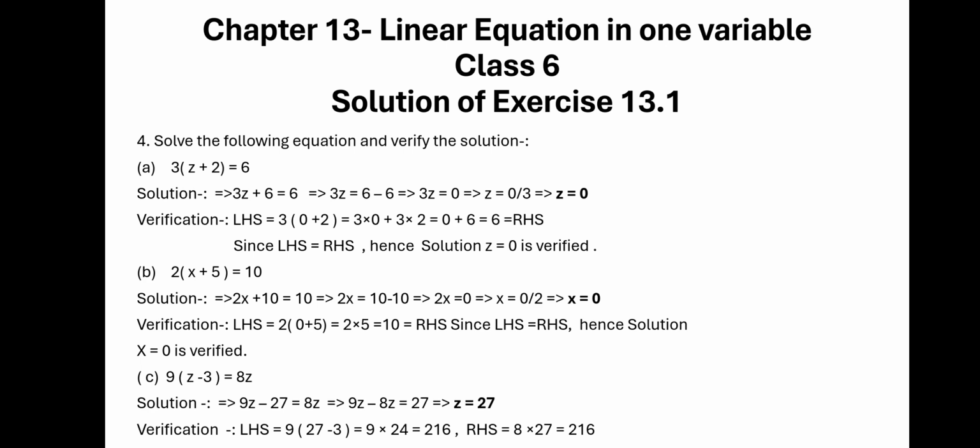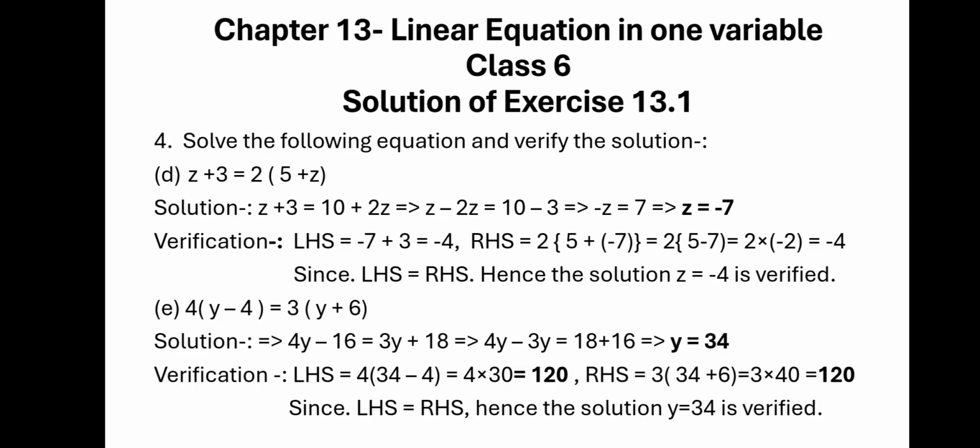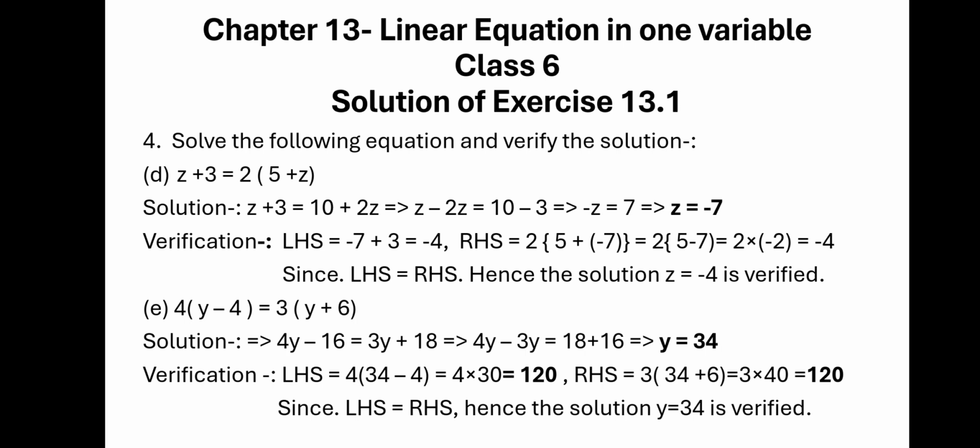So let's see whether it is verified. So LHS equal to 9 into bracket 27 minus 3, and 9 into 24, that is 216. And RHS is 8 into 27, which is also 216. And therefore, since the LHS is equal to RHS, that is verified.